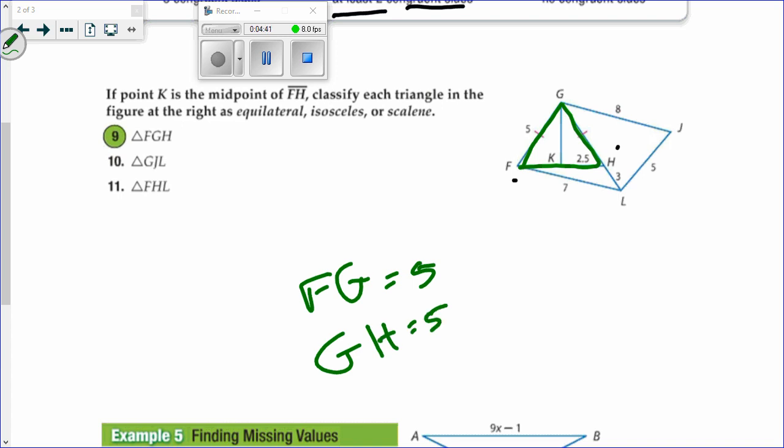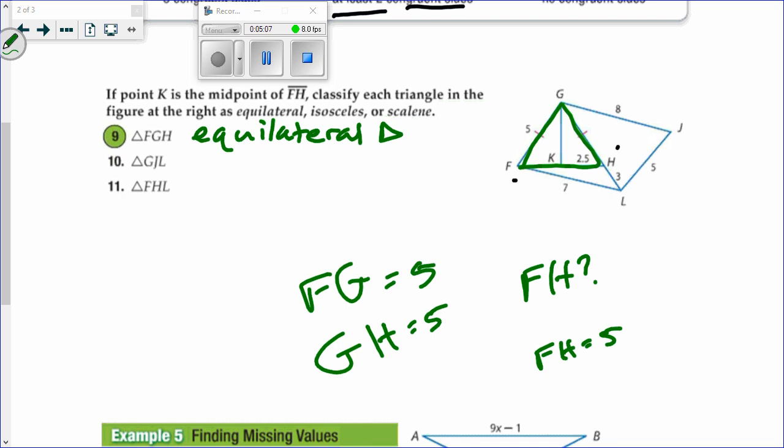Okay. Well, what is FH? K is the midpoint, and KH is 2.5, so FK must be 2.5. FH is also equal to 5. If all 3 sides are equal to 5, that would make FGH an equilateral triangle.